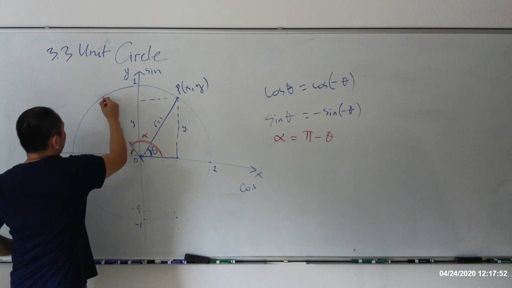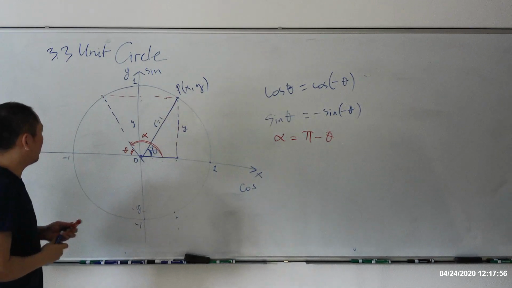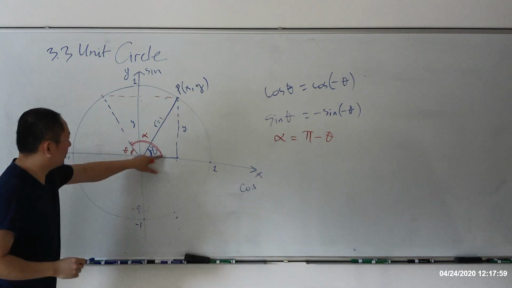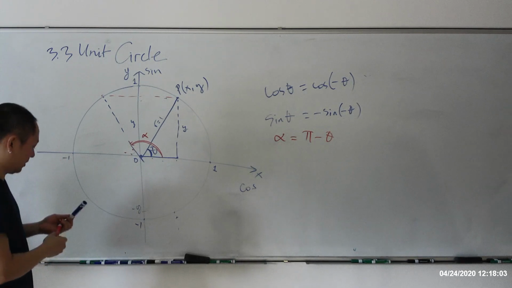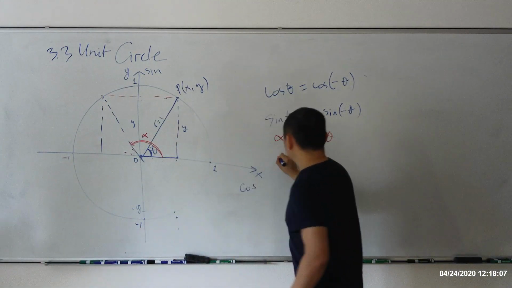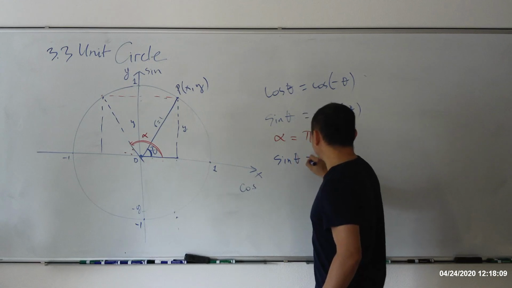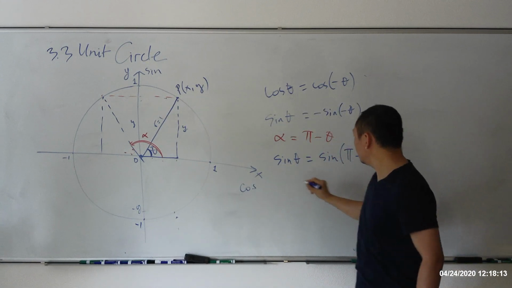And if you have the angle alpha right here, what is the same as the angle theta? Alpha is that much, theta is that much. We have the same sine, but opposite cosine, right? So sine of theta is equal to sine of pi minus theta.